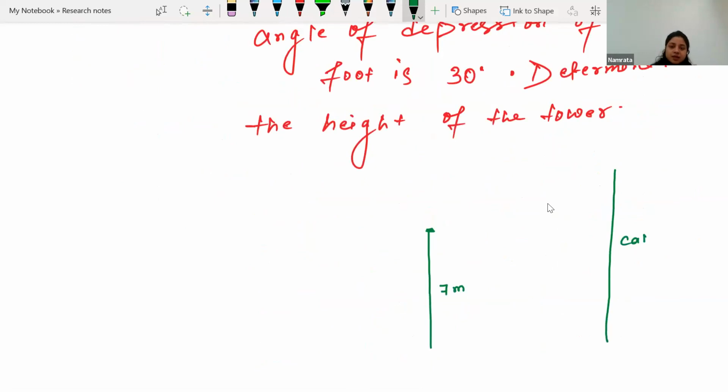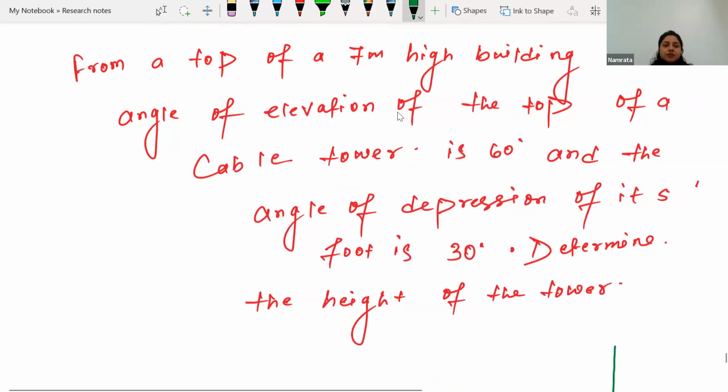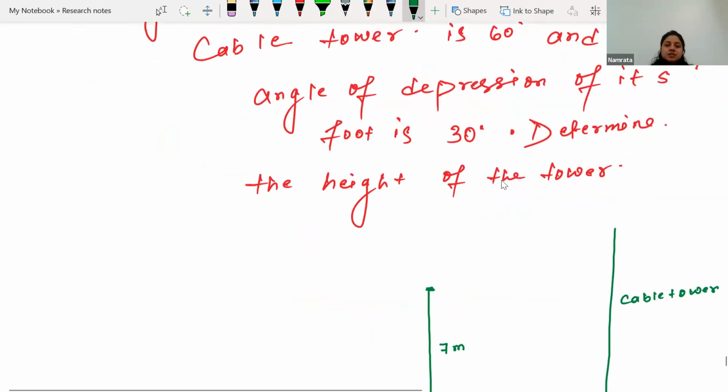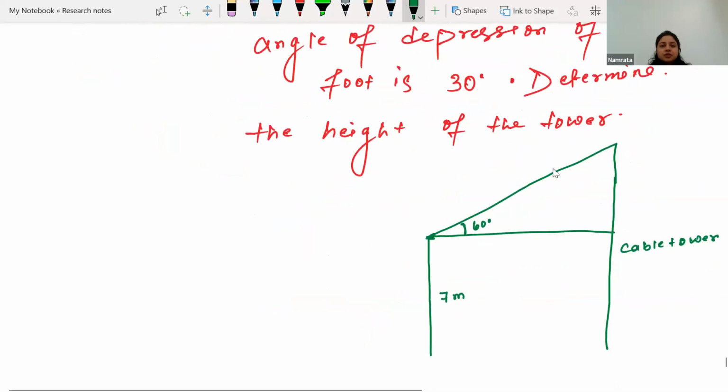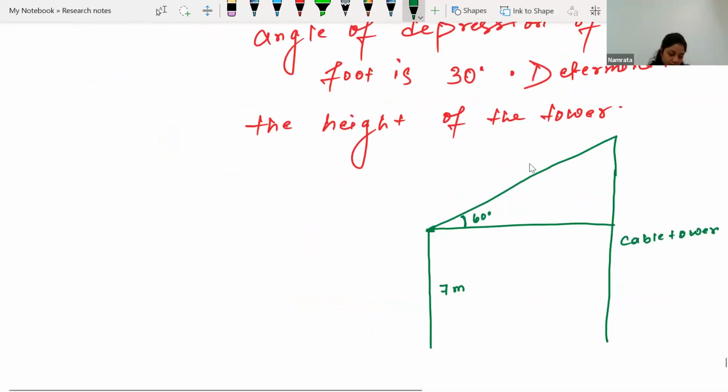Okay, this is the cable tower. The angle of elevation of the top of the cable tower is 60 degree. Like this, the angle of elevation you will be taking. This is 60 degree. Now let's see what the next information says. And the angle of depression of its foot, it's 30 degree.